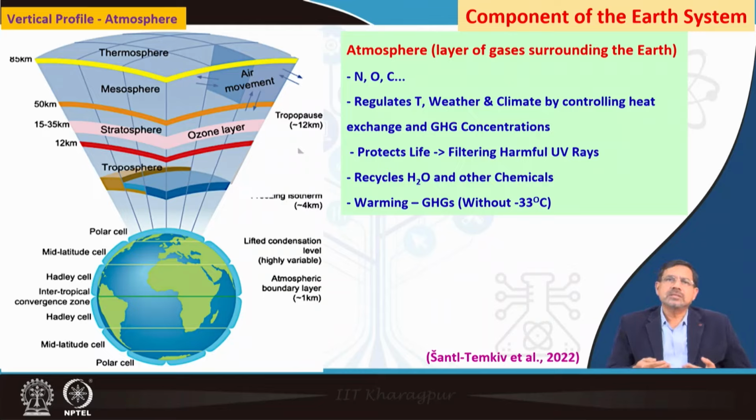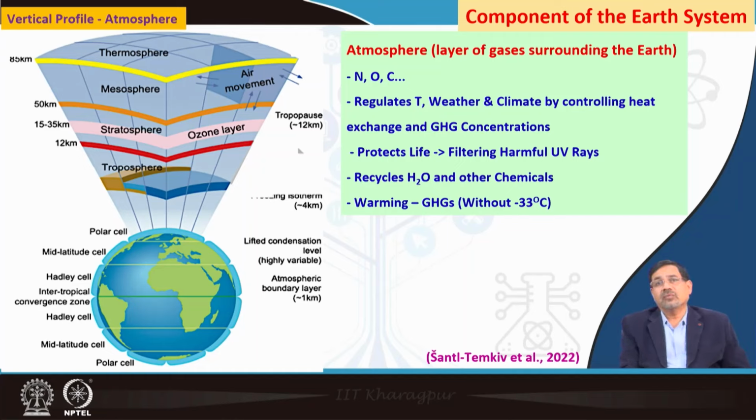So this presence of the greenhouse gas layer in the atmosphere gives a kind of warming effect. What does it mean? The Earth's average temperature is warmer than what it would have been without the presence of greenhouse gases. The effect of greenhouse gas warming is to the tune of 33 degrees centigrade.